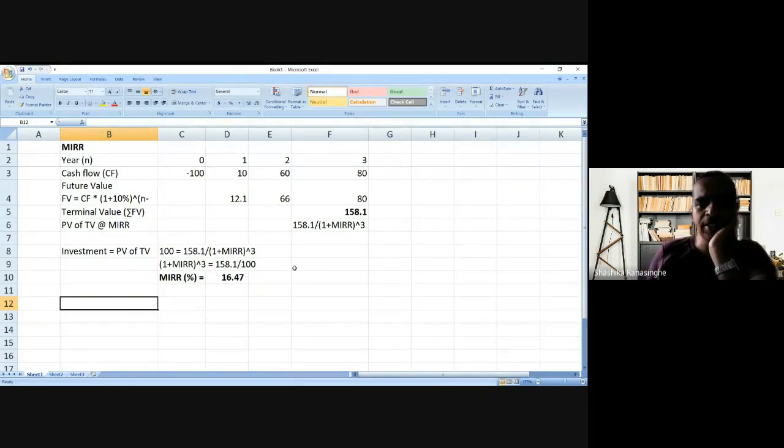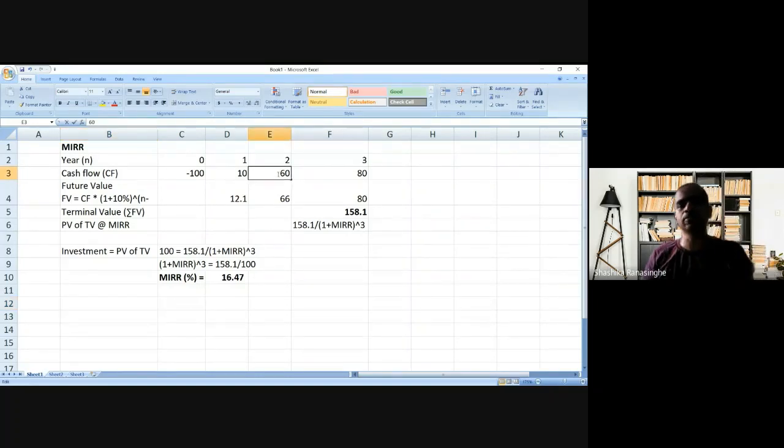If you had non-normal cash flows, then say this was minus, right? Then you don't get the future value. You have to get the present value of outflows.